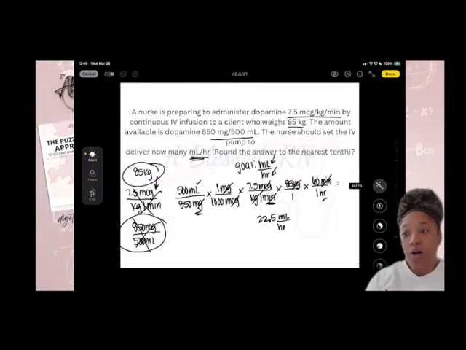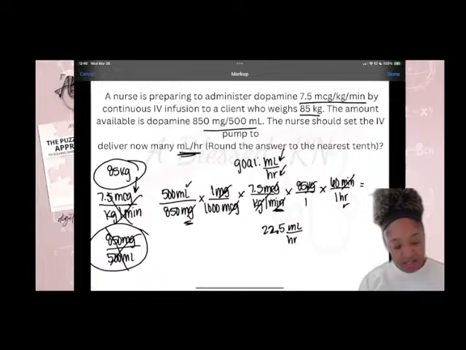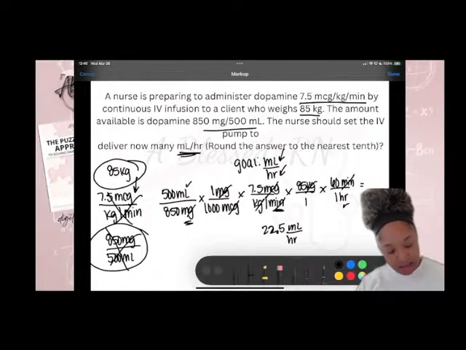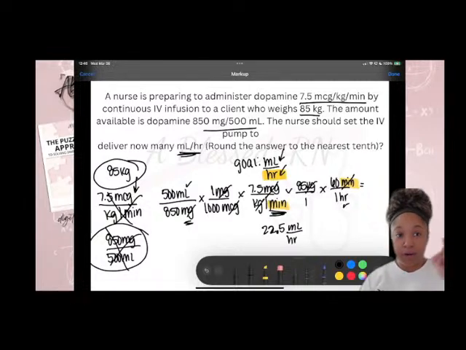But why did you put 60 over an hour? So I put 60 minutes over an hour because we had minute at the bottom that needed to be canceled out. So I needed to have hour at the bottom. I had minute, so this needs to be converted from minute to hour. Therefore 60 minutes is 1 hour.